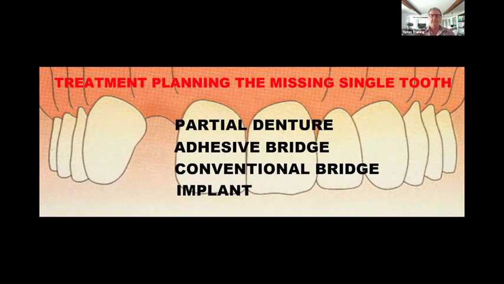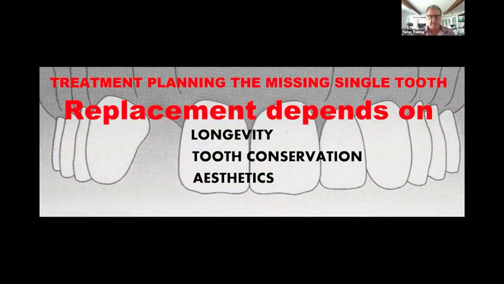So its replacement, what does it depend upon? For me, there are many variables, obviously, but the major three are these. When we're talking to our patients about a missing tooth or a tooth to be extracted, soon to be missing, there are three major aspects which I need to talk to my patient about.